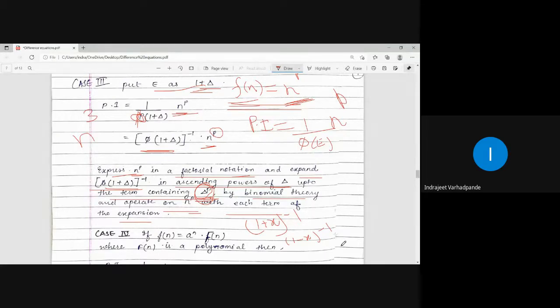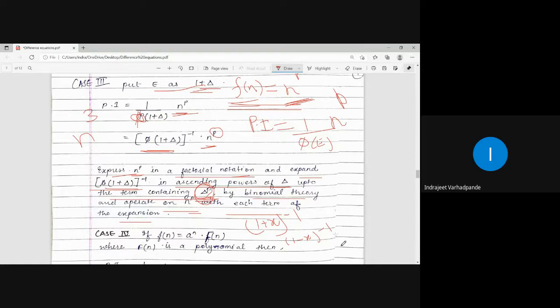So this is how we simplify this case: by converting the RHS polynomial into the factorial notation, and expanding by using the binomial theory the term 1 plus delta to the power minus 1, right? Because E will be replaced as 1 plus delta in the denominator, and then we use the binomial expansion.